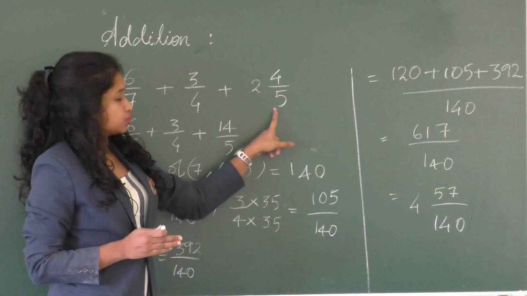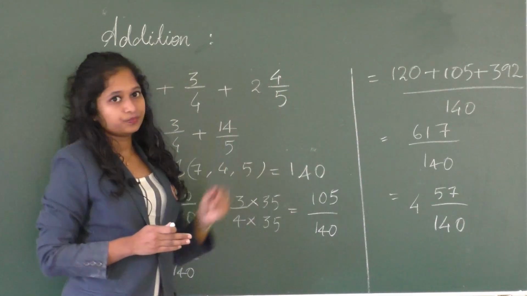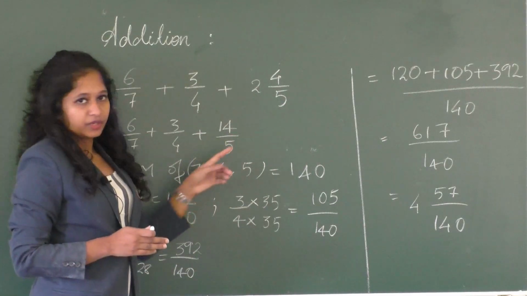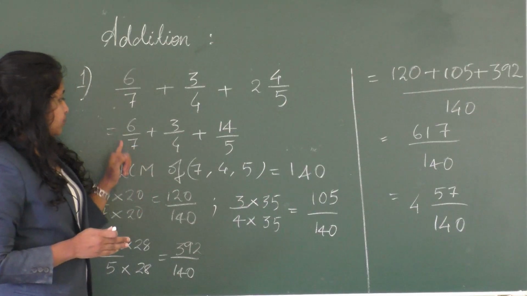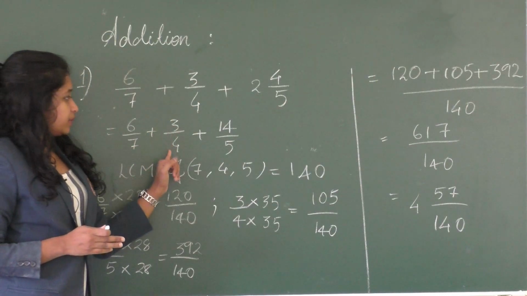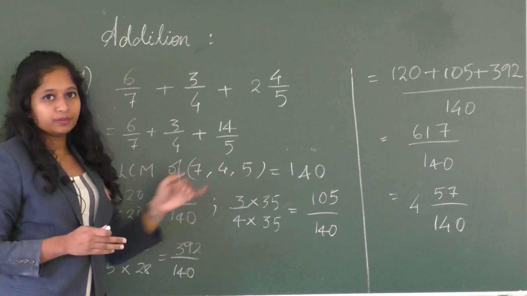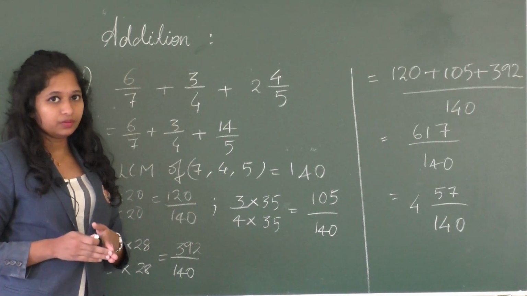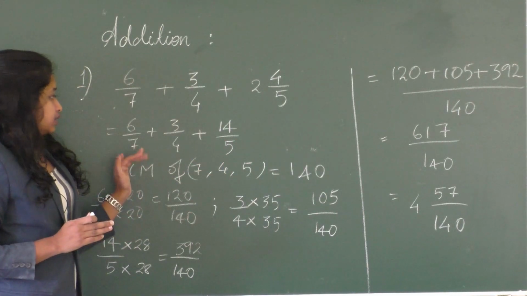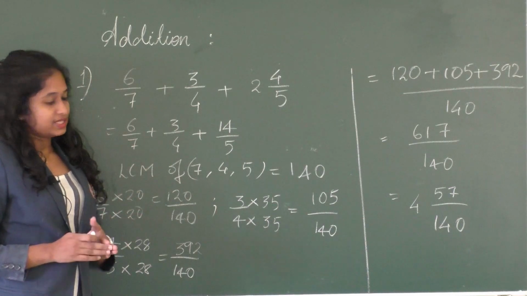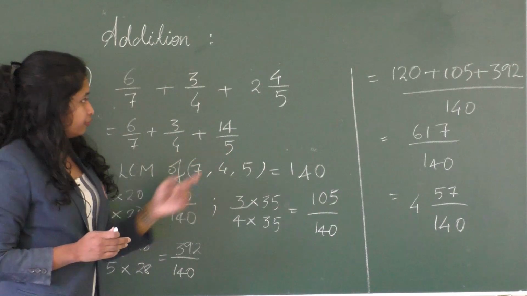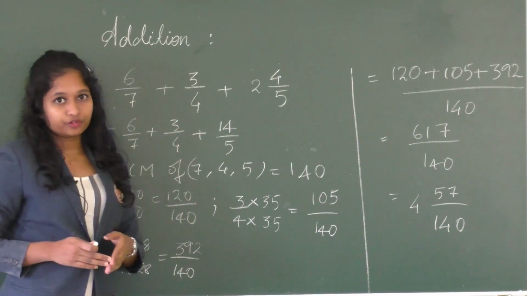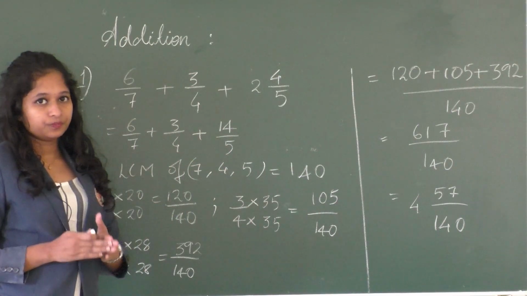So 5 into 2 is 10, 10 plus 4 is 14, so 14 by 5. Now it is 6 by 7 plus 3 by 4 plus 14 by 5. The next step is to find the LCM. The LCM of 7, 4 and 5 is 140.